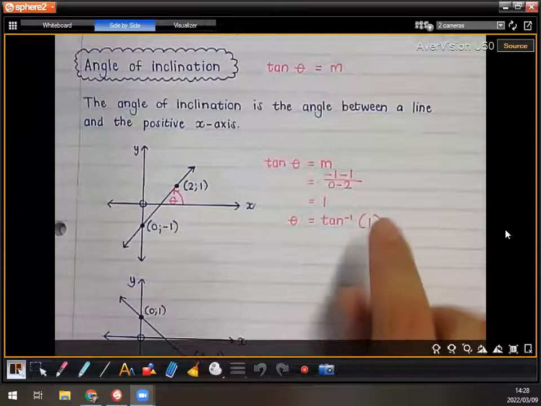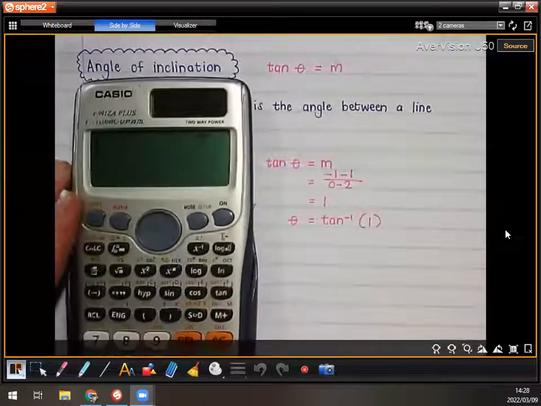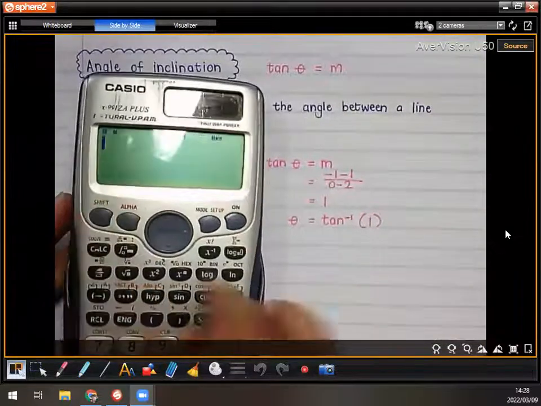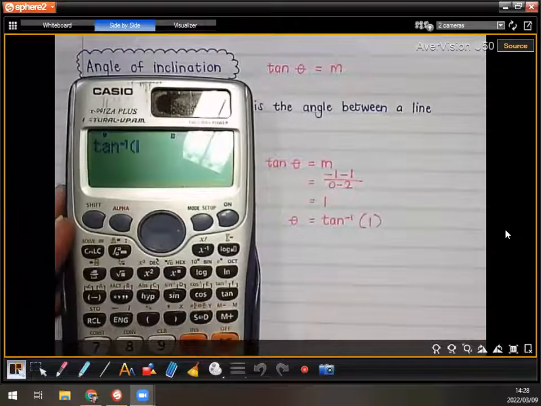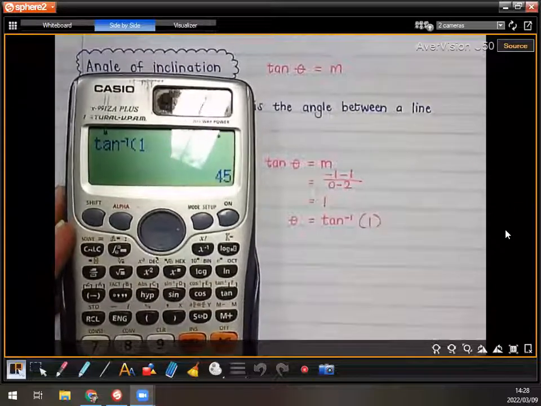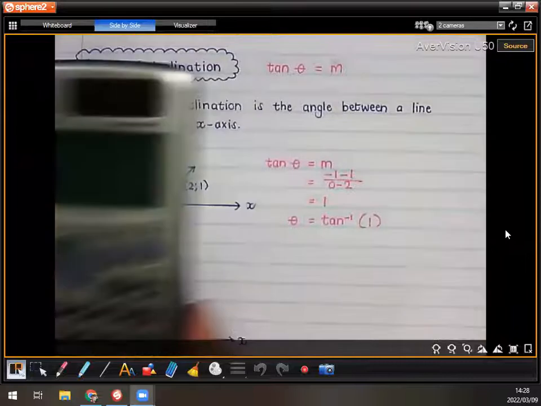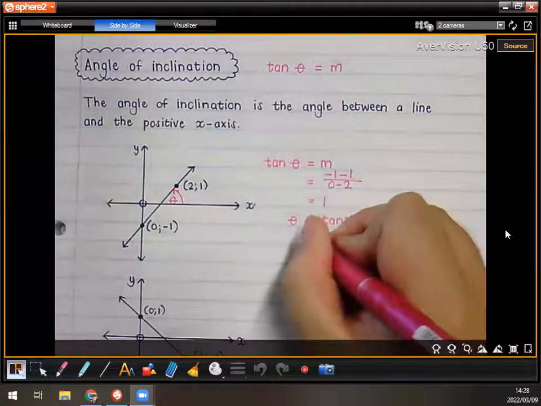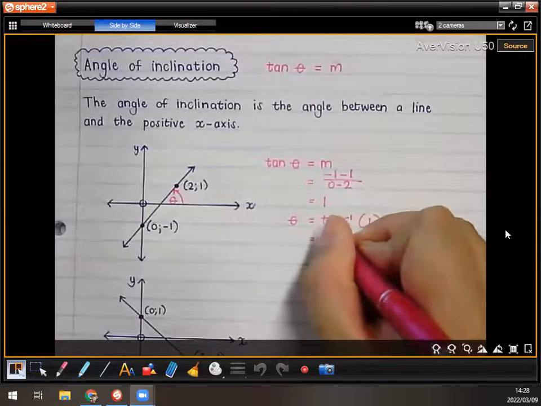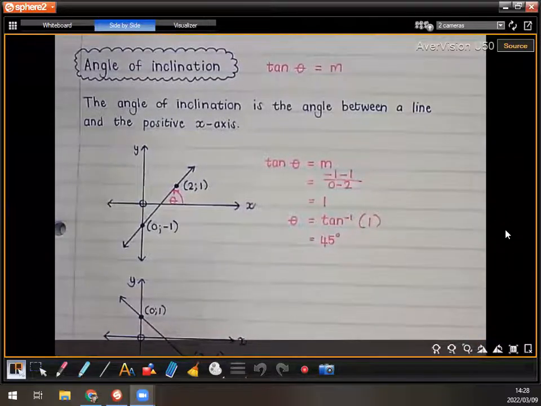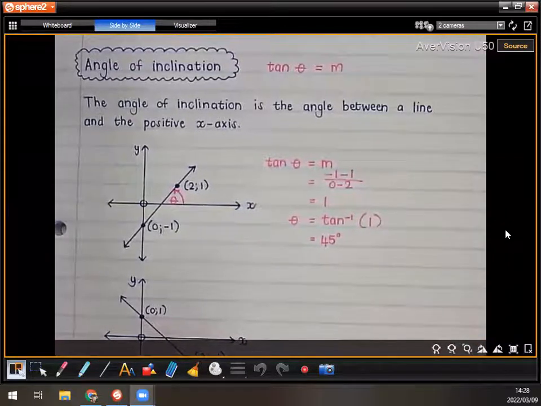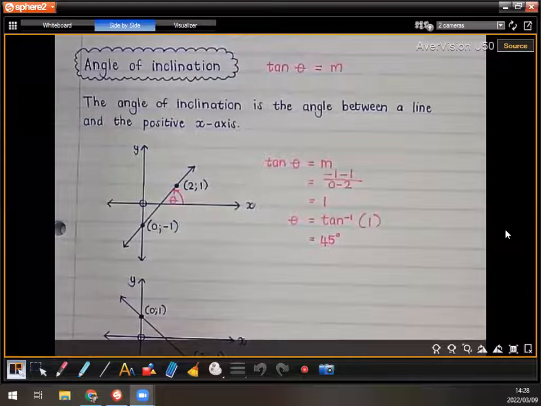What you type into the calculator is you press the shift button, then you press tan, and then you press 1. And the answer is 45 degrees.